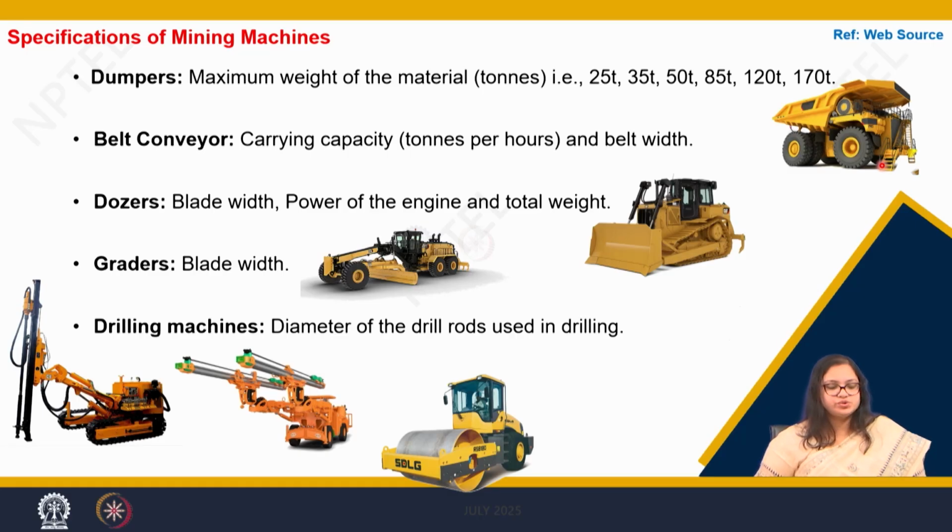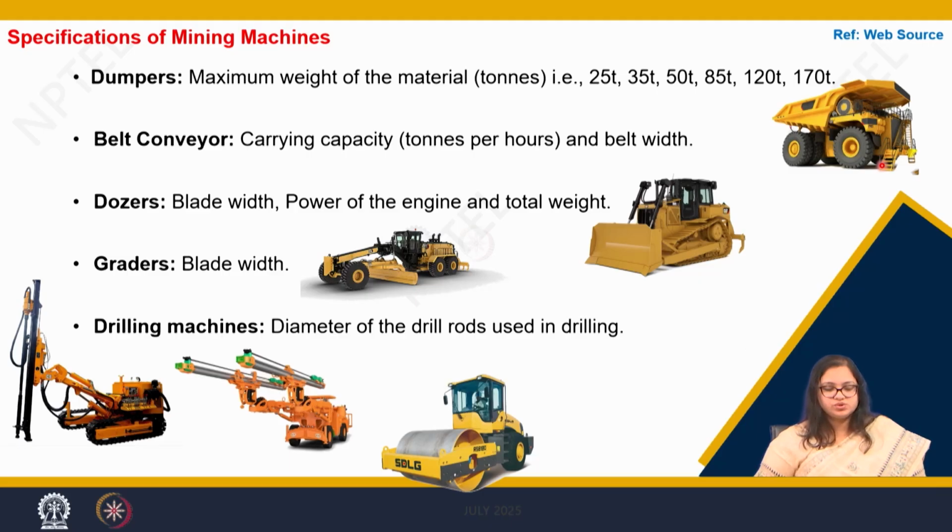Now, the same goes with the belt conveyor, where we see its carrying capacity, which is ton per hour, and the belt width. The belt conveyor has a certain width of belt which it can carry from one point to the other. Again, for the dozer, we have the dozer blade width, the power of the engine and the total weight that it dozes off.